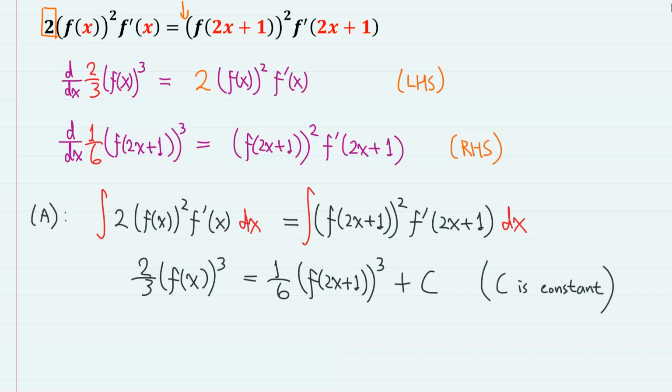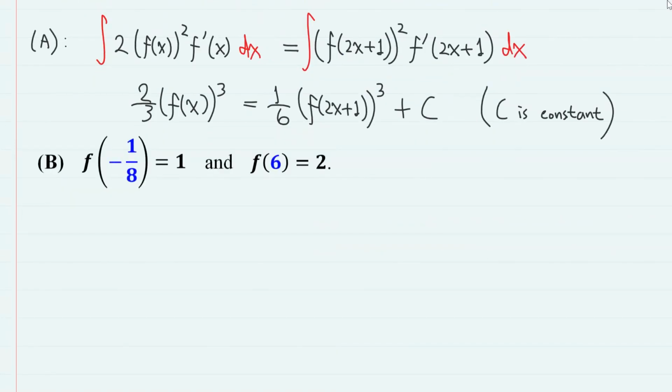And how is this newly obtained condition going to help us? Well, now is the time to address condition B, where the values of f(-1/8) and f(6) are given. Using these values, we can find the value of constant c. But how are we going to do that using these two seemingly unrelated values without knowing the exact expression for f(x)?